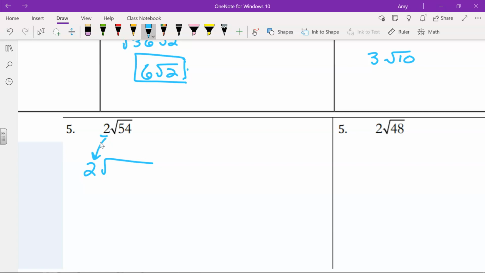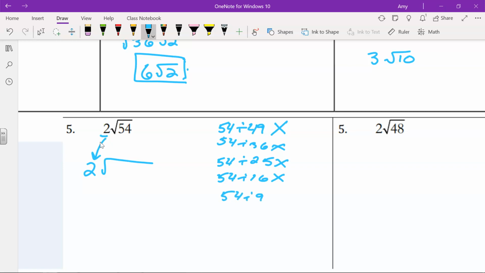Well, what are some factors of 54? 54 divided by 49 won't work. 54 divided by 36 wouldn't work. 54 divided by 25 doesn't work. 54 divided by 16 doesn't work. So 54 divided by 9, though, that gives me 6.